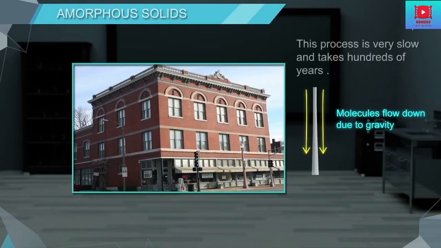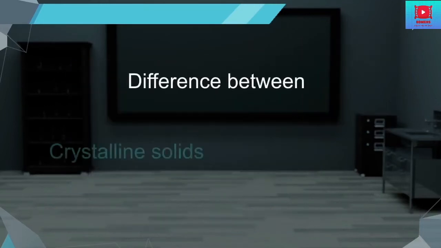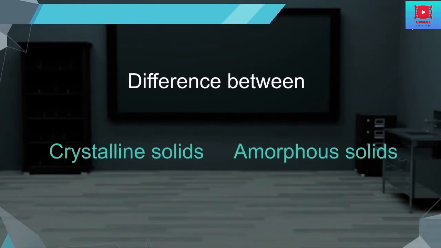Please note that this process is very slow and takes hundreds of years. Due to this ability of amorphous solids to flow like liquids, amorphous solids are also sometimes called supercooled liquids or pseudo-solids.